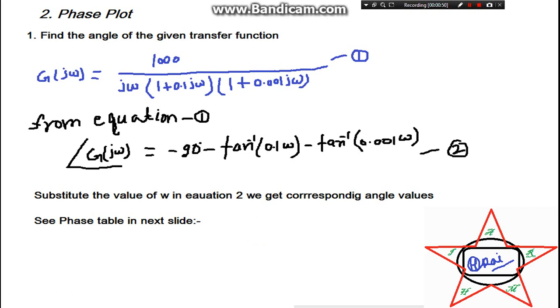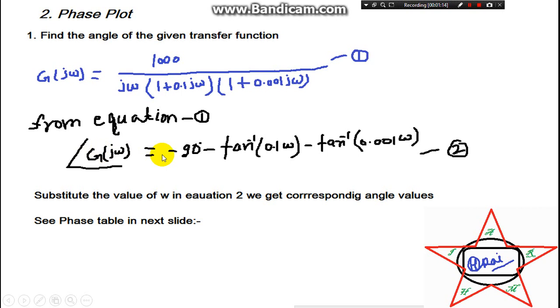Now to find the phase plot, first of all we find the angle of the given transfer function from equation number one. You see equation number one, G of j omega: we have 1000 after putting s equal to j omega, over j omega times (1 plus 0.1 j omega) times (1 plus 0.01 j omega). From this equation we'll find the angle.